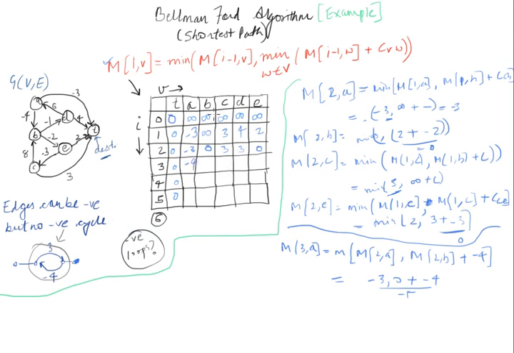Now M3B is equal to the minimum of M2B, or M2B is connected to. This is using 3 edges, so MD is 2 edges.